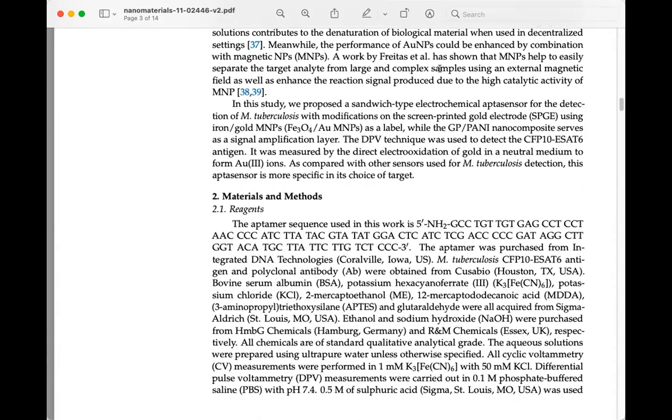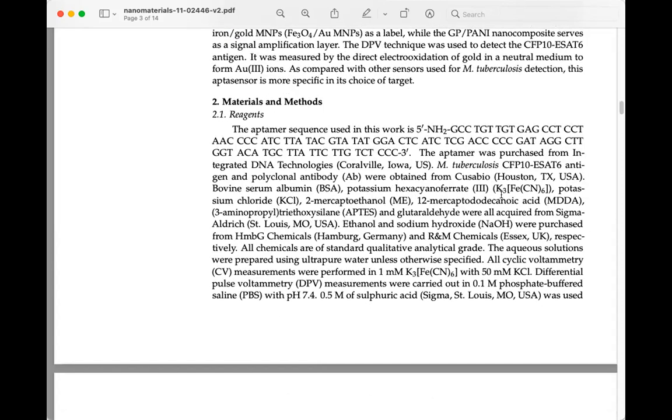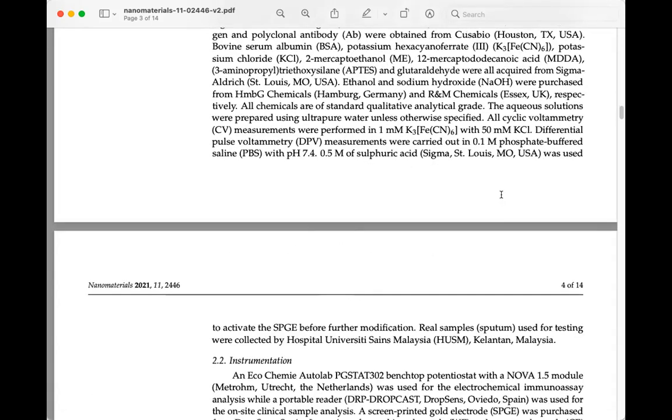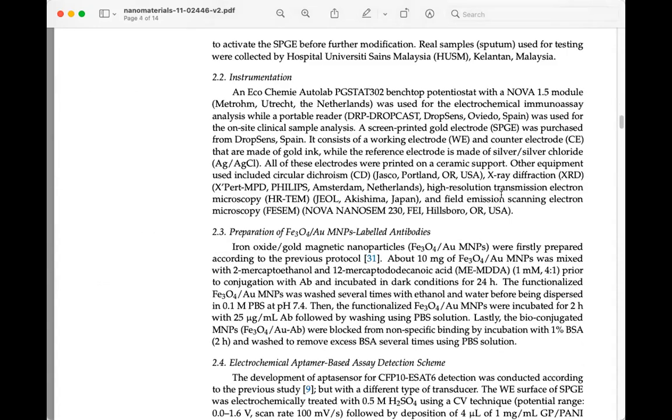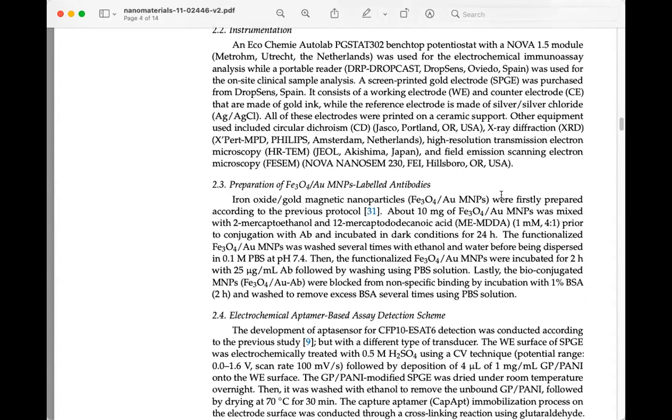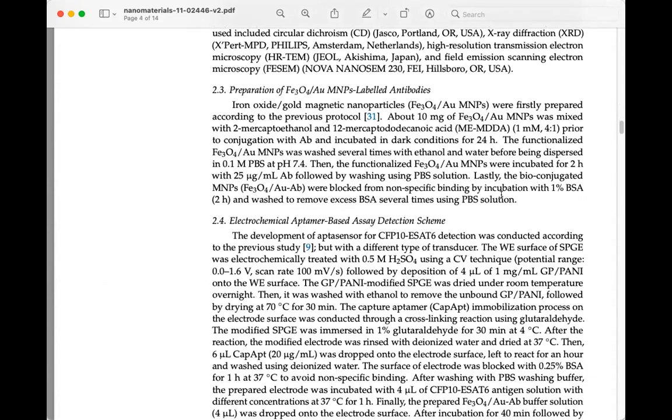For this paper, we have the materials and methods section, which depends on the journal itself. Just like a thesis, we tell about the materials, the chemicals, the instrumentation, and some of the preparation.